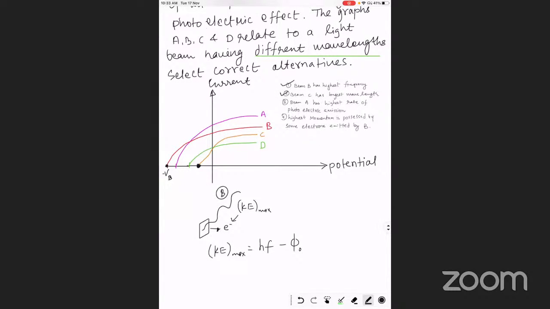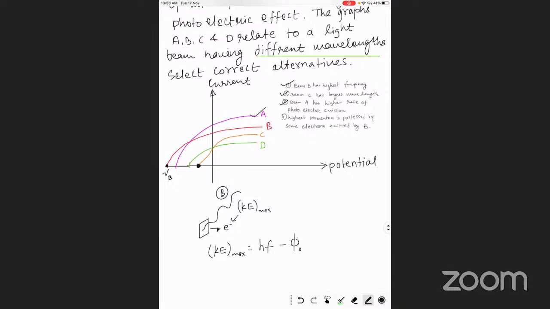So the second is also correct. ये दिक्कत है. आप अगर सेकंड को सही बोल सकते हैं तो फिर फर्स्ट को कैसे नहीं सही पहचान पाए, राइट? आप ठीक से कर ही नहीं रहे. चलो खैर. Third, beam A has highest rate of emission, yes, because photoelectric current is maximum. So the third is also correct.